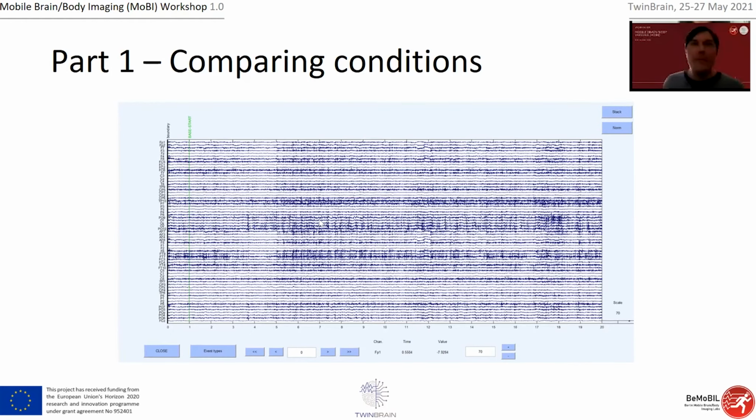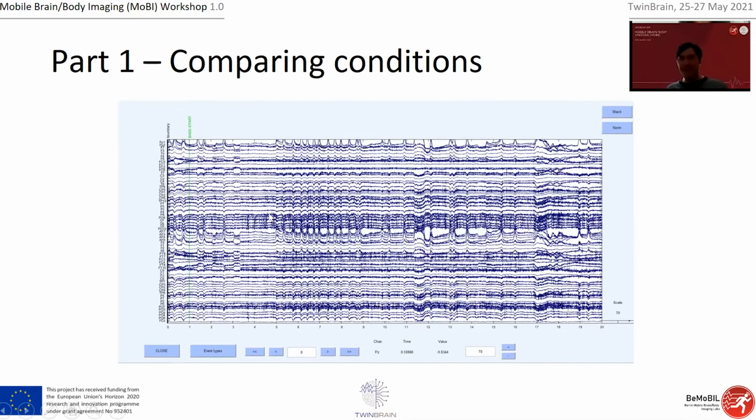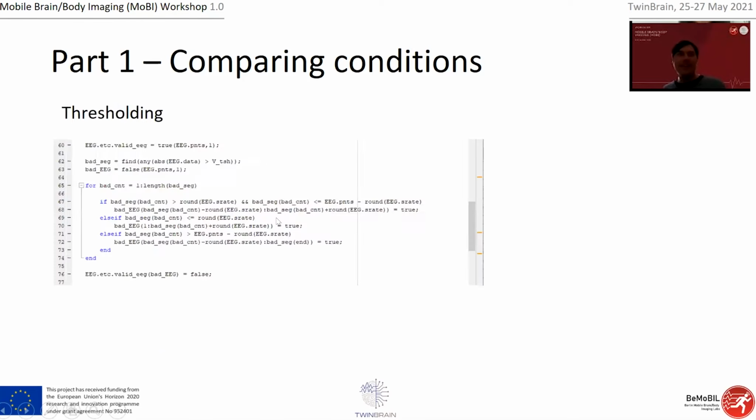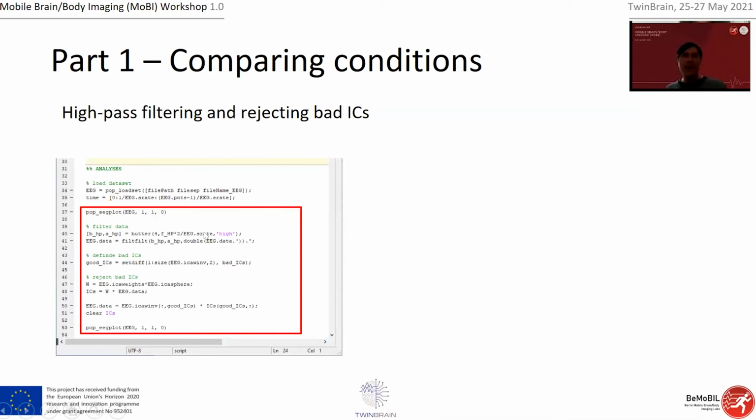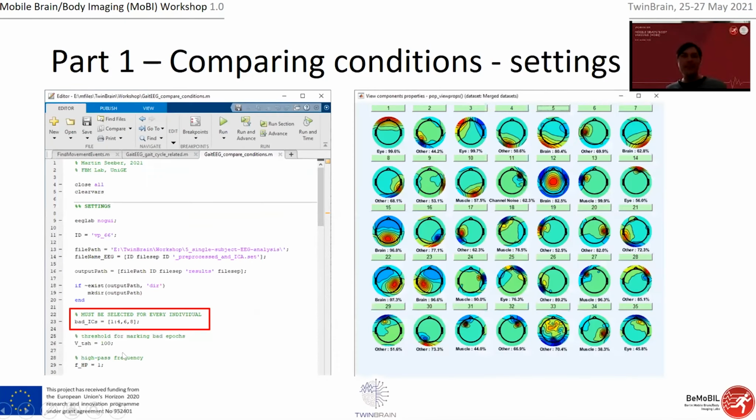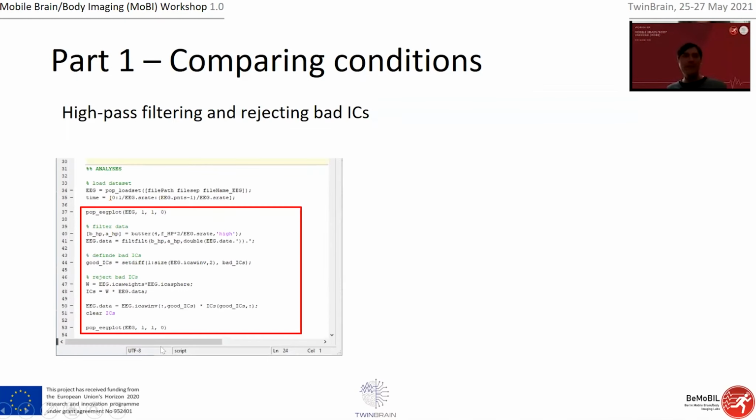So we try to come from raw data or pre-processed data, including artifacts, to more clean EEG data. And that I just did using a very simple high-pass filter, which I set at the very top of the function at 1 Hertz. I filtered the data.